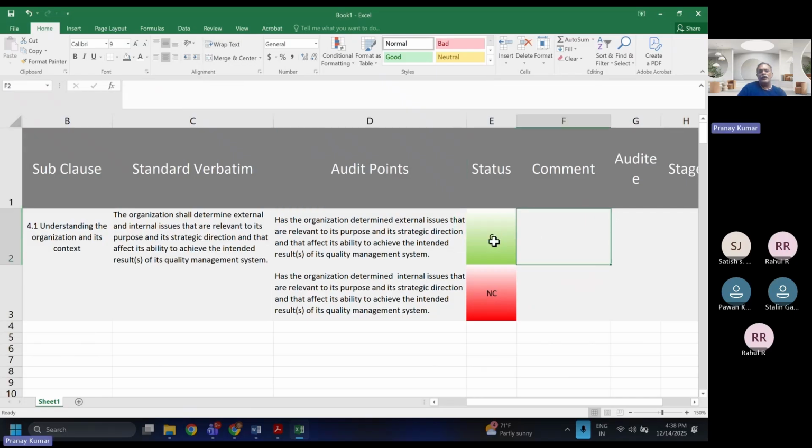Every time you have to write conforming or write conformity, you will need to put in a comment. So, saw through document number, document name, internal, external issues.